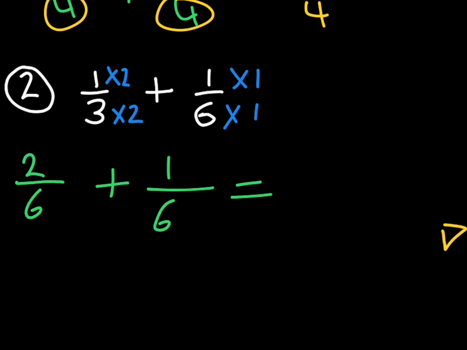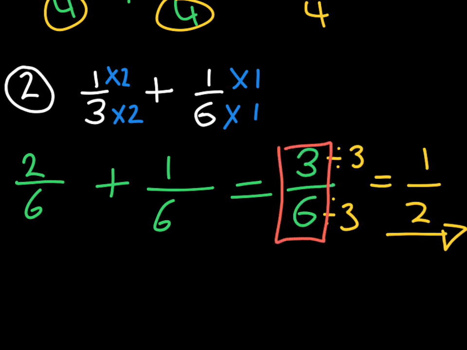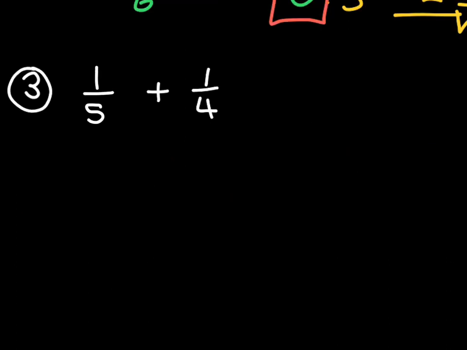Always, always, always have a look if you are able to simplify the fraction. Right, so while 3 over 6 is correct, it is more correct to simplify your answer and write it as 1 over 2. Question 3 asks us to add a fifth to a quarter.